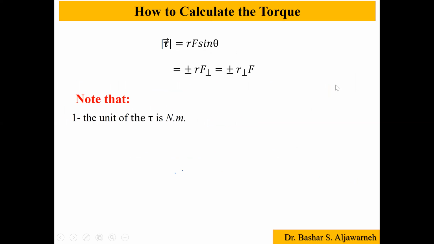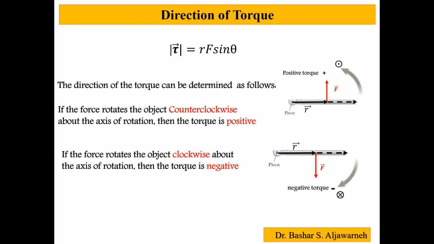So in general, you have to pay attention to the following when you are going to calculate the torque. First of all, the torque has a unit of Newton times meter or meters times Newton. Second, if r equals 0, like if we put the force exactly at the fixed point or at the pivot, that means your lever arm equals 0.